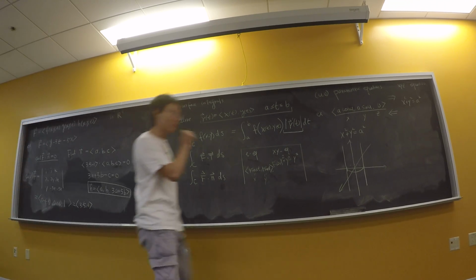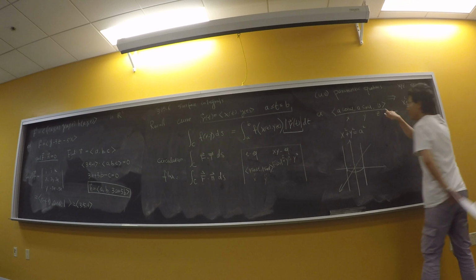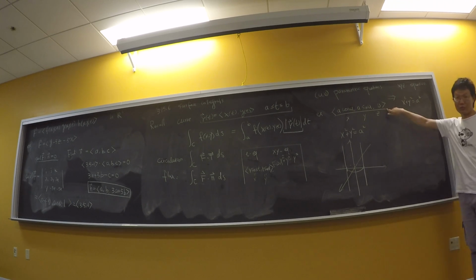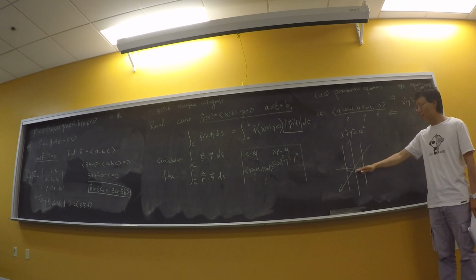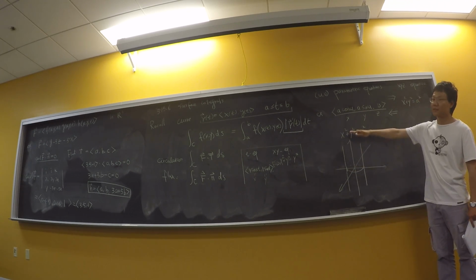Okay, now I want to mention one thing. Every time I have a parametric description of a surface, I also should have the restriction or the range for the two parameters. Okay, right? I should have the restriction for u and the restriction for v. V in this case is basically talking about the height of the cylinder. Right?